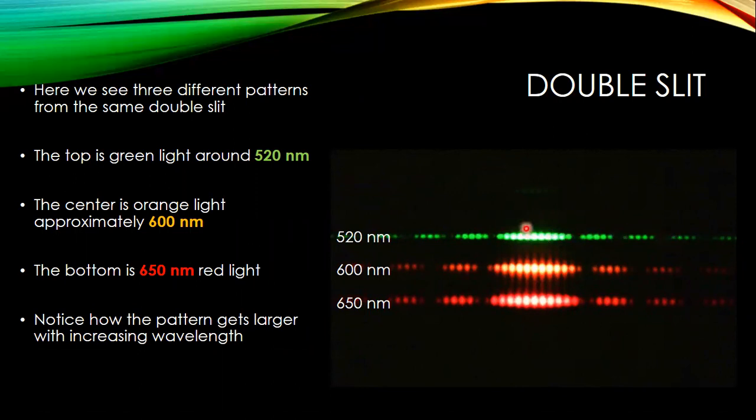But between them, or inside the central peak right here, you also have bright and dark fringes due to interference. And clearly, as we change the wavelength, we go from a smaller wavelength to a bigger wavelength, the diffraction pattern spreads apart, but also the interference pattern spreads apart. And finally, the longest wavelength, the red light, has the largest diffraction pattern.